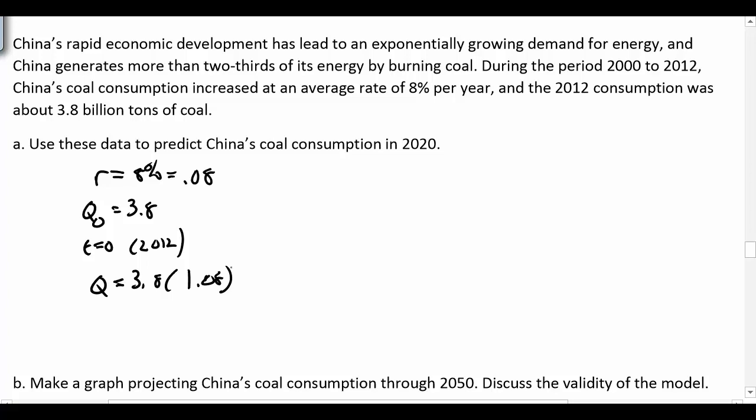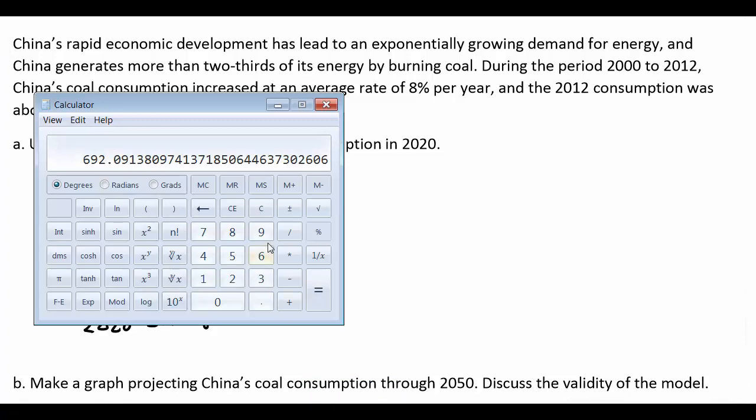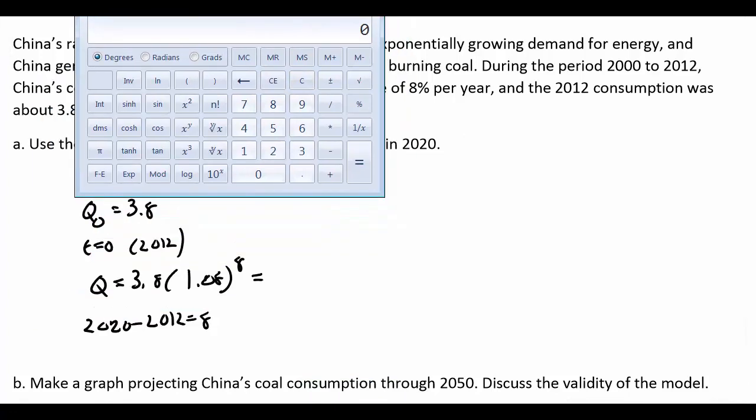Well, if we're treating 2012 as year 0, then 2020 minus 2012 is 8. So we're going to raise that to the 8th power. Okay, so let's go to the calculator and type that in.